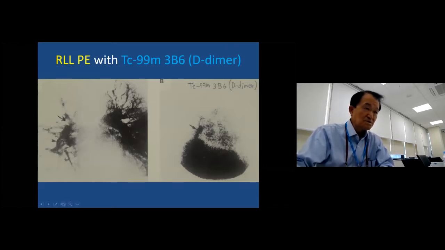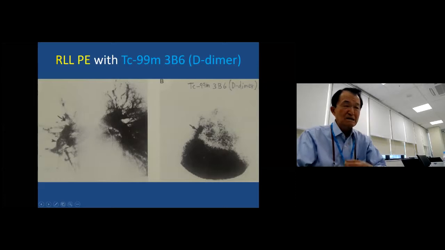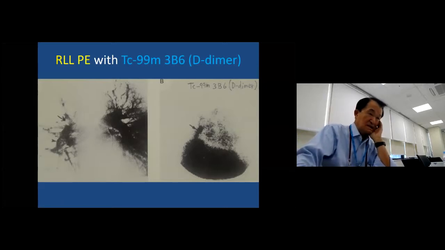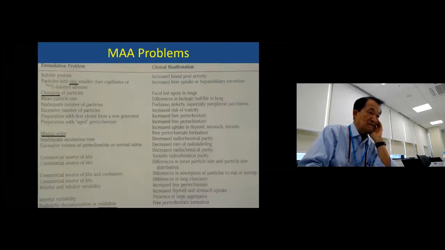So this should be more useful in clinical practice. But all the small companies that developed it went bankrupt before they reached the FDA or clinical trials. That's the dilemma we have.